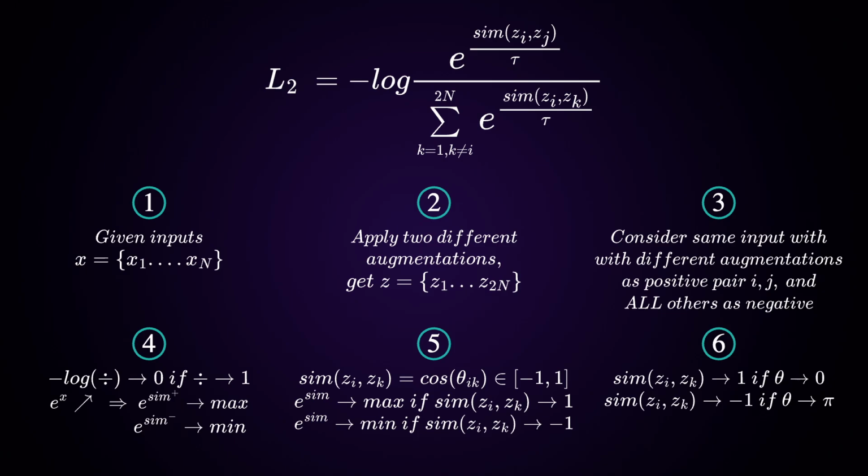So our loss is pushing the angle between two positive, augmented outputs towards 0, and angles for negative pairs towards 180 degrees, opposite directions. In a way, this is also contrastive loss, since it works with positive and negative pairs, pushing and pulling them apart.